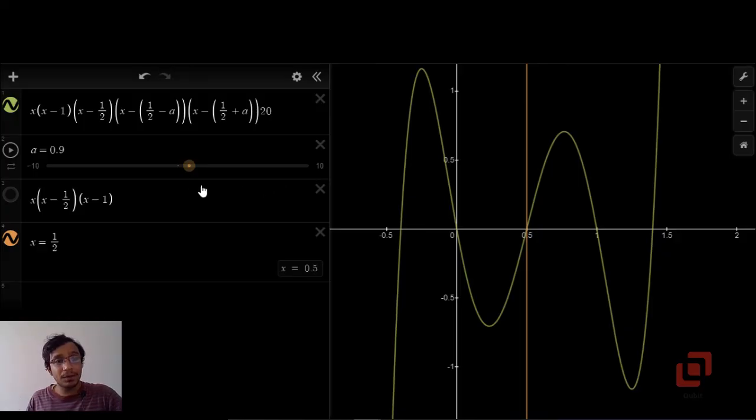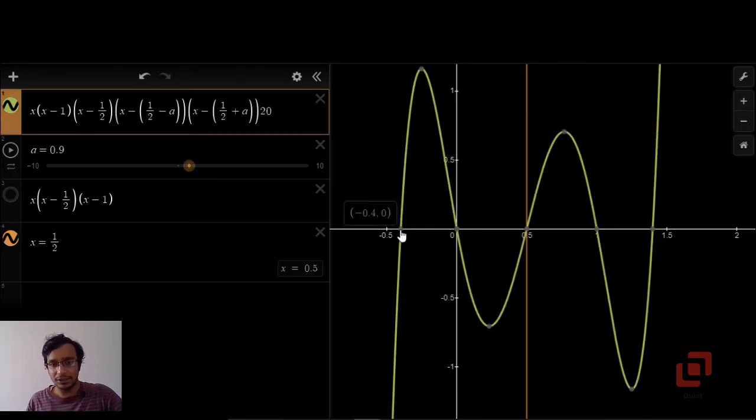Now currently the value of a, or in the solution I've called it gamma, is 0.9, and here you can see that this function has 5 roots and 2 of them lie outside the interval 0 to 1. The first one is 1.4 and the other one is minus 0.4.